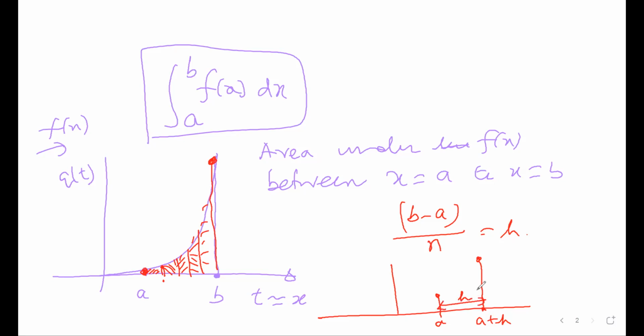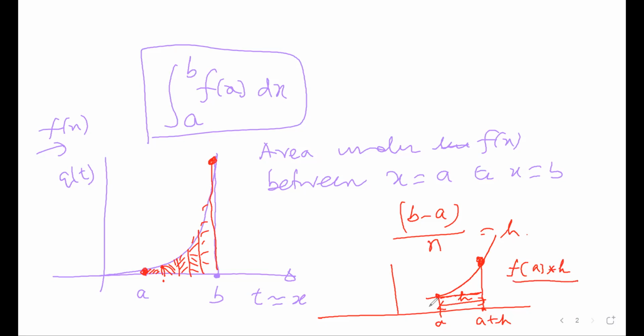And your function is changing in this way between these two points. In our earlier case, we considered it as a rectangle. If you consider it as a rectangle, then that rectangular area would be equal to f(a) multiplied by h, isn't it?